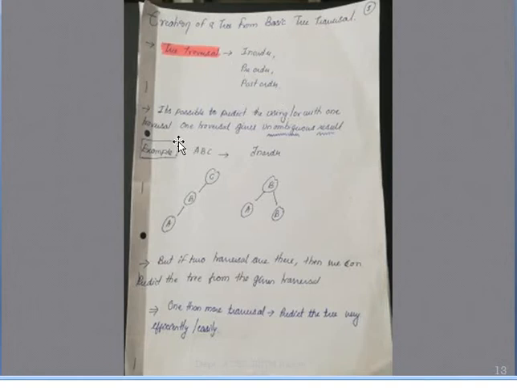It is possible to form the binary tree using at least two traversals. If we have them, then we can easily draw the binary search tree for that.